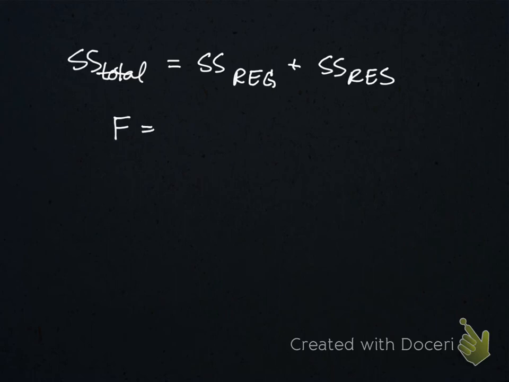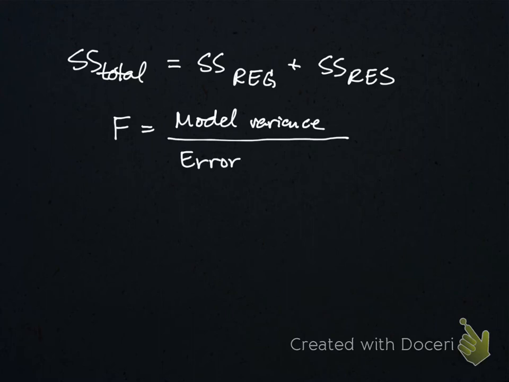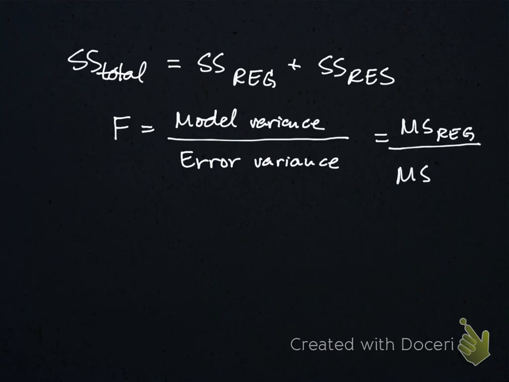That F statistic is going to be a ratio of variability of the model variance to the error variance. And that's going to be reflected by two variance terms, the mean squared for the regression divided by the mean squared for the residual, where each of these mean squares is calculated using a sum of squares term divided by a degrees of freedom term.